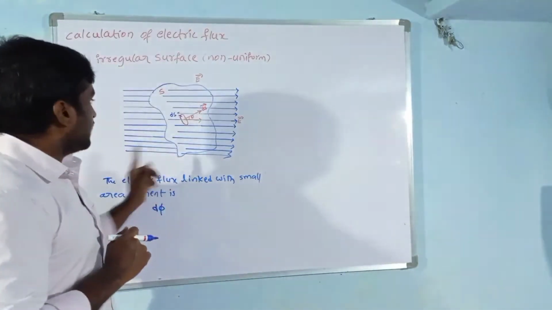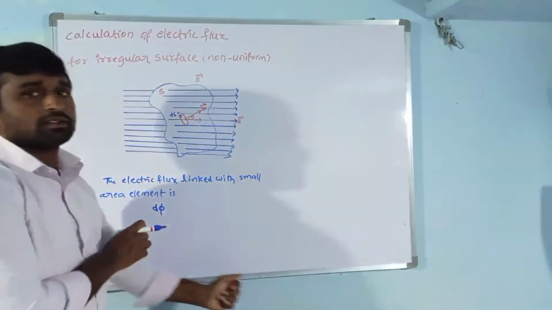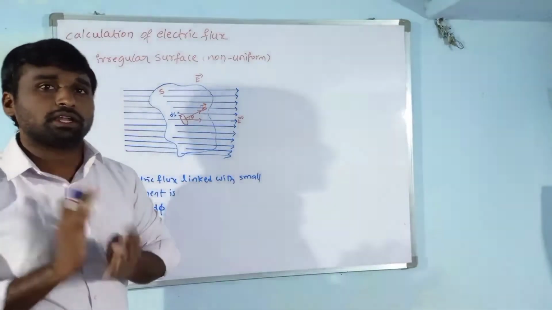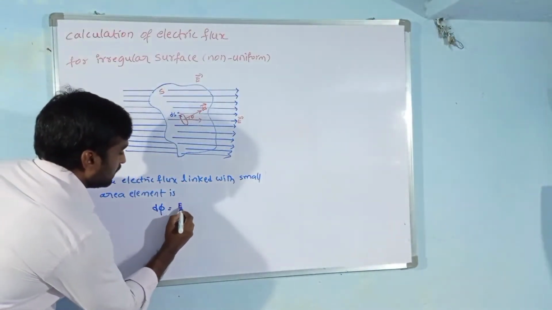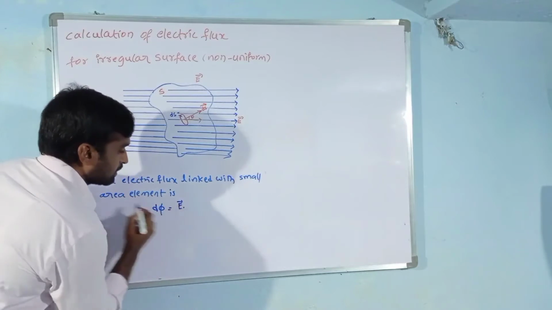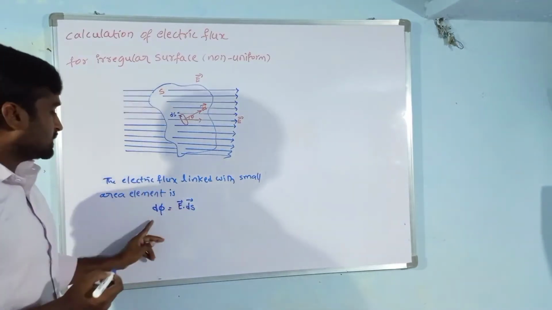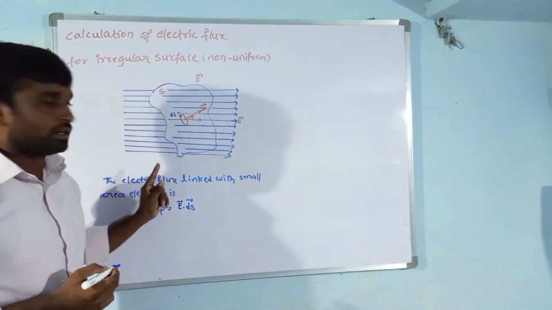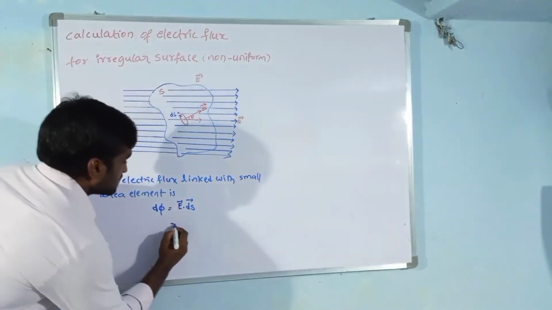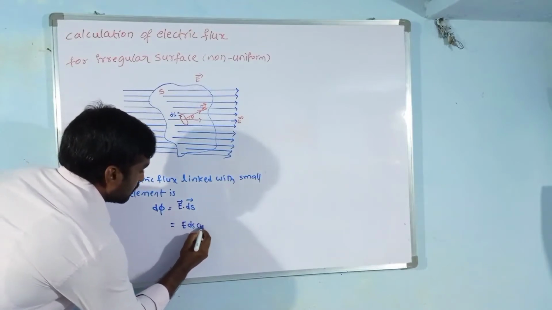Here the electric flux linked with a small area element is small, indicated by d phi, equal to E dot dS, the dot product of the electric field vector and the area vector. So we can write this as E dS cos theta.